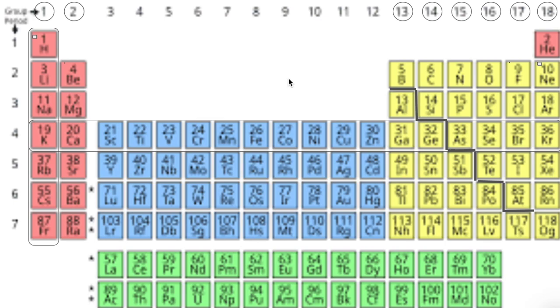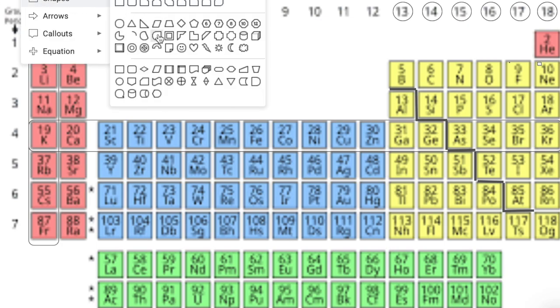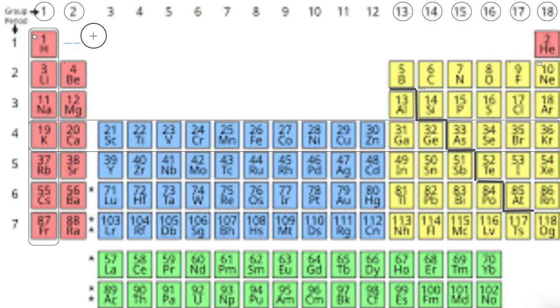Now, there's different group names. So, up here, let's just do this one. So this one, this group is called the alkali metals.